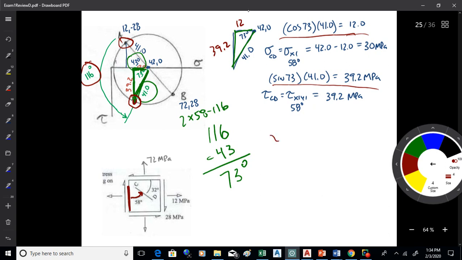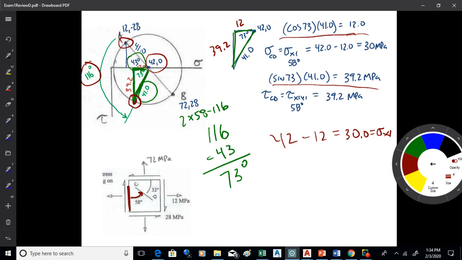I'm going to take 42, which is the center of the circle, and go to the left 12. So that'll be 30. That's sigma x1. And then I'm going to go down by 39.2. So that's tau x1y1, and that is positive, because down is positive.